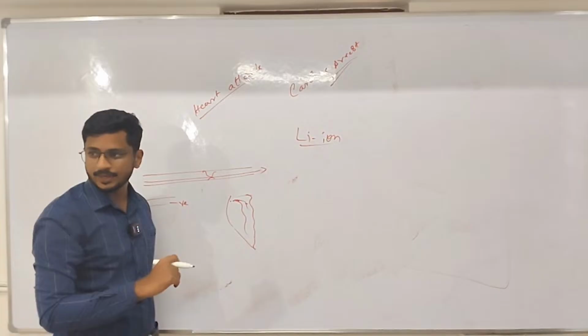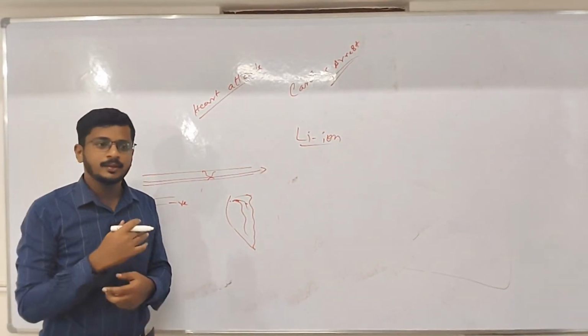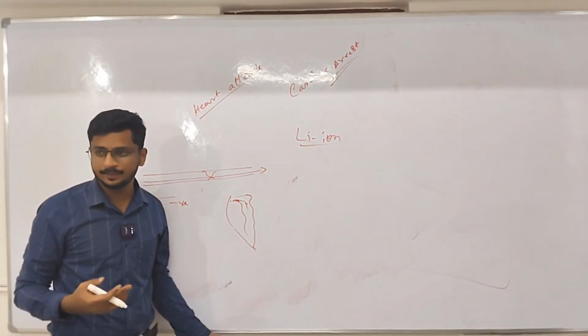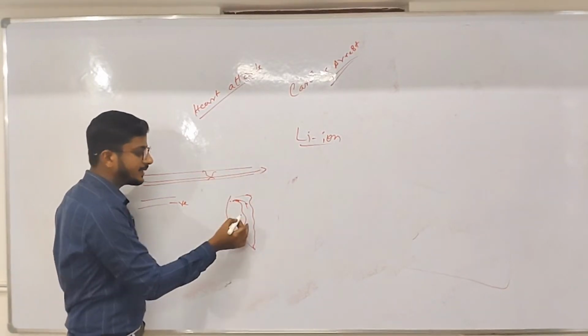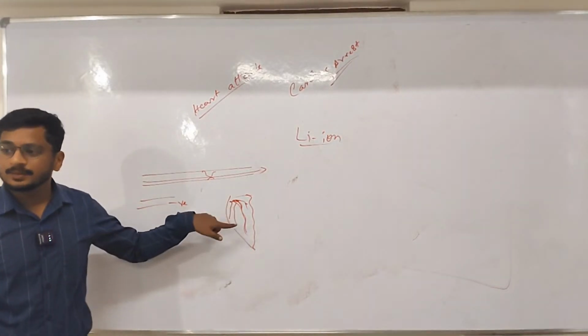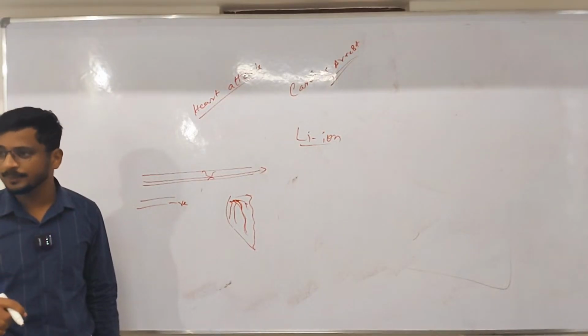When it stops operating, what will happen? Other organs will not get sufficient blood, which will be fatal. We will die. That is what a heart attack is. So what is happening here? Due to some blockages in the artery where the oxygen is supplied to the heart, it is getting blocked.